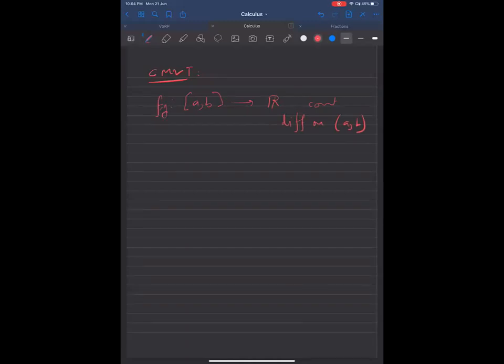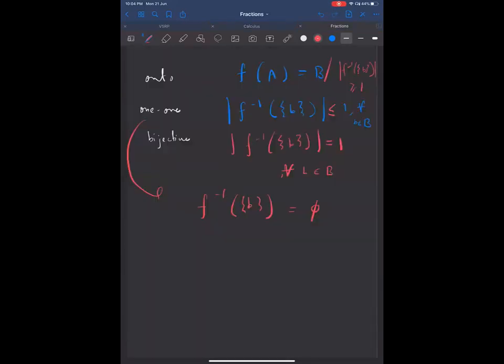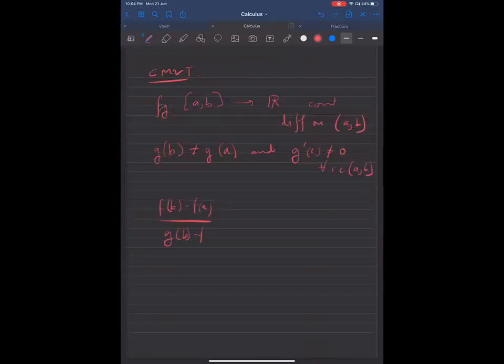If there are two functions like that, f and g, and suppose g(b) is not equal to g(a), and g'(c) is not equal to 0 for any c in (a,b), then we can say that (f(b) minus f(a)) divided by (g(b) minus g(a)) is equal to f'(c) by g'(c) for some c.